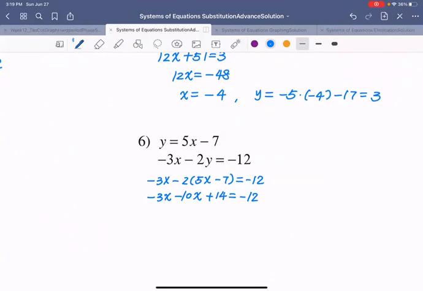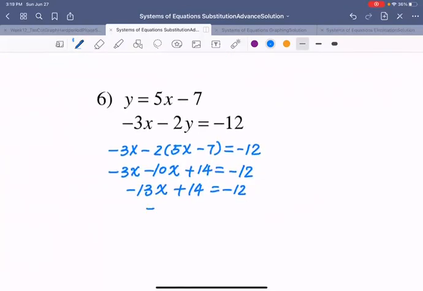Negative 13x plus 14 equals negative 12. Next. X equals... how much?